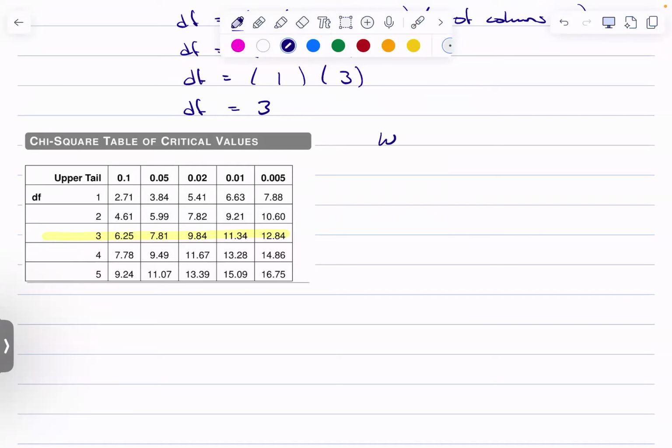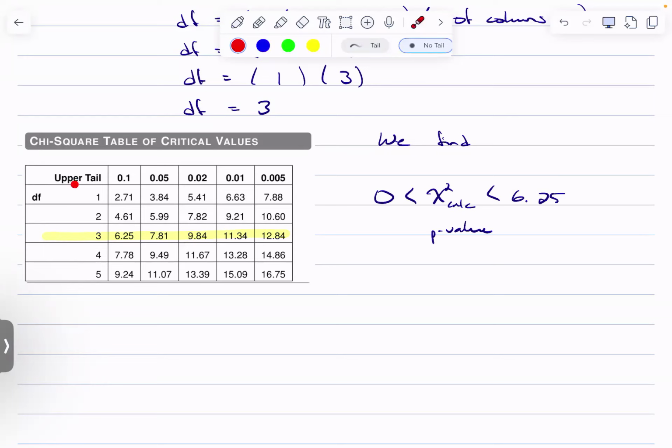So we find that our chi-squared calculated is somewhere between 0 and 6.25. Which means our p-value, it says upper tail, but that's the p-value, is somewhere between 0.1 and 1.